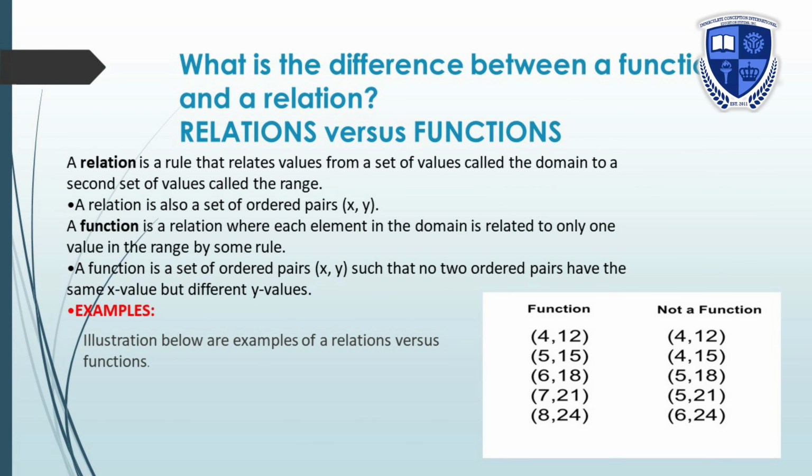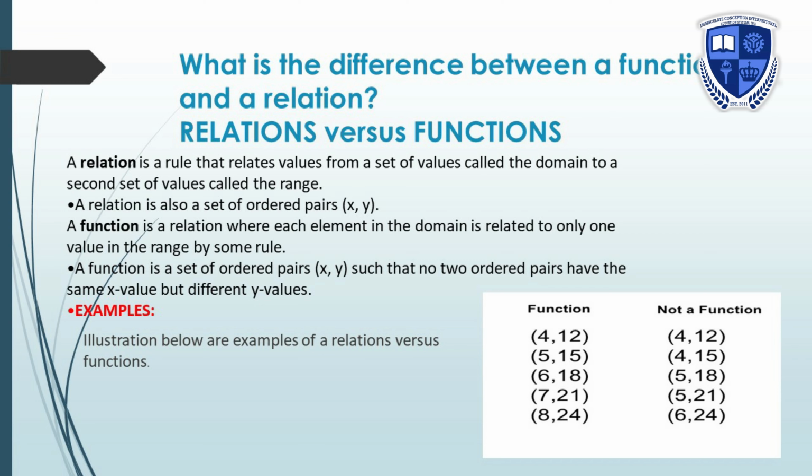What is the difference between a function and relation? Relation versus function. A relation is a rule that relates values from a set of values called the domain to a second set of values called the range. A relation is also a set of ordered pairs x and y.